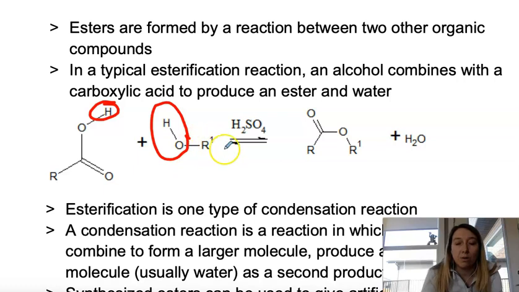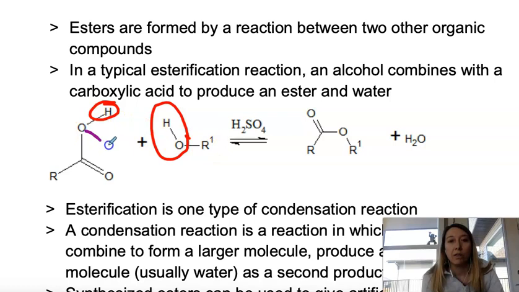So here's that R prime. We talked about R prime before as just being some carbon or carbon chain. So that carbon used to have an OH attached to it, now it doesn't. So that means that this is now short of bond. So because this oxygen is missing a bond and this carbon is missing a bond, they are going to bond together, right?